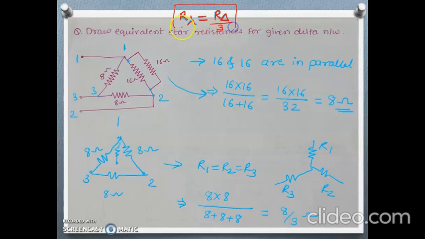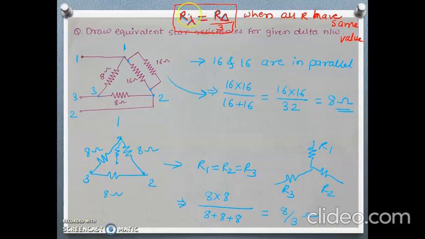Remember this. But the condition is that all the resistances have the same value. When all the resistances are identical, only in that case its equivalent star value will be R divided by 3.